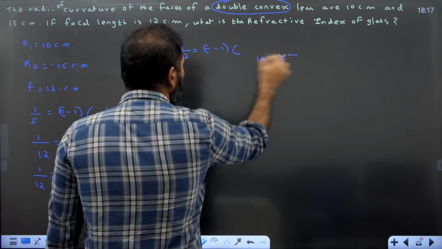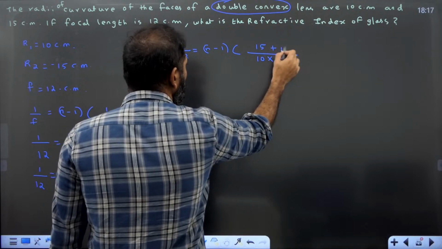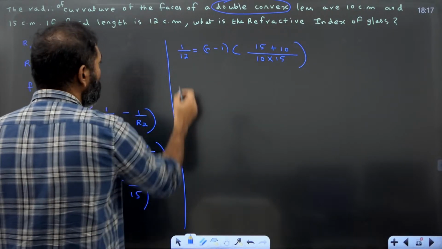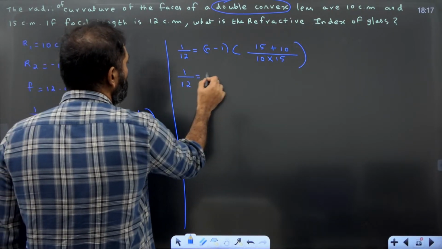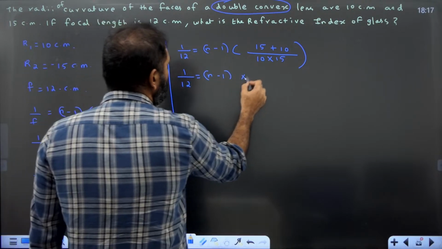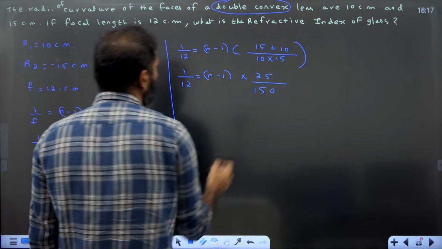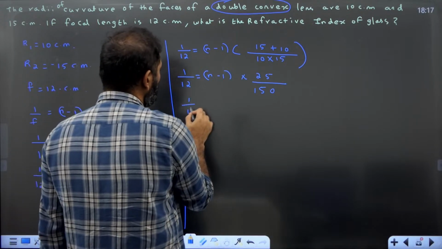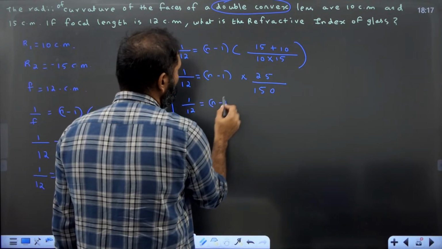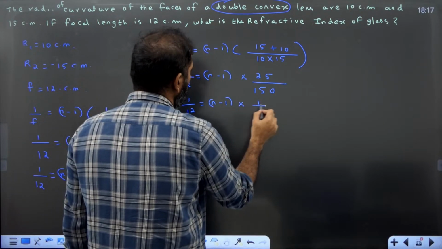When you cross multiply, 15 plus 10. So 1 by 12 is equal to n minus 1 into 25 by 150. So 1 by 12 is equal to n minus 1 into 1 by 6.